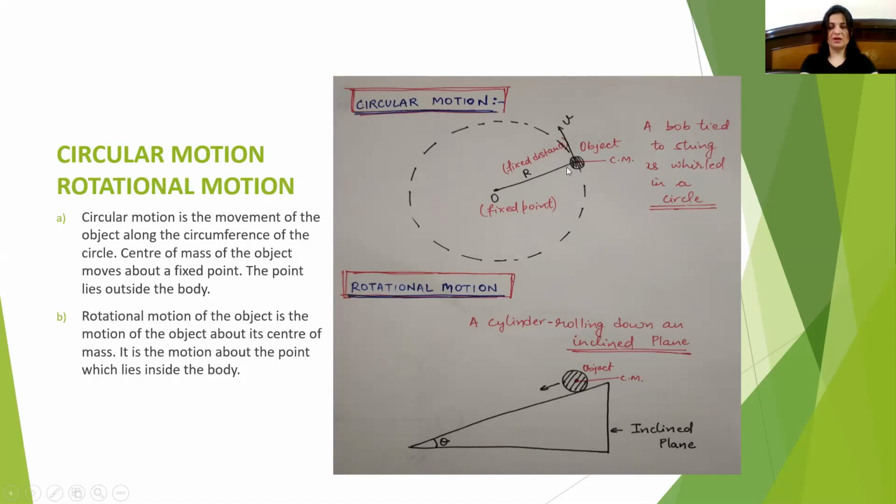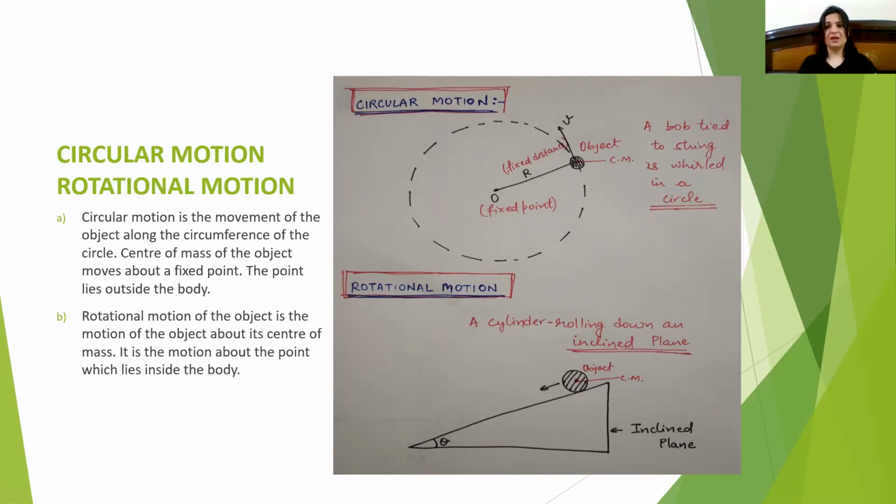So when an object moves along the circumference of a circle, when an object moves about a fixed point, we say that the object is executing circular motion. And one more thing to be noted here, that this fixed point is lying outside the object.